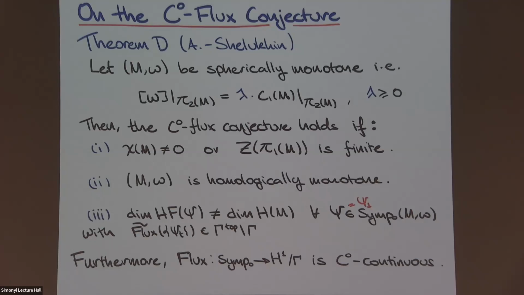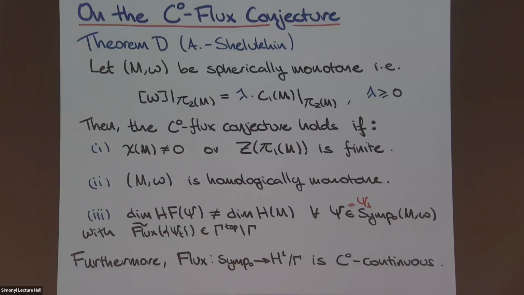Floer-Novikov homology is analogous to Floer homology, but for a non-exact symplectic path. And in the spherically monotone setting, at least the ranks are equal to the Morse-Novikov rank.